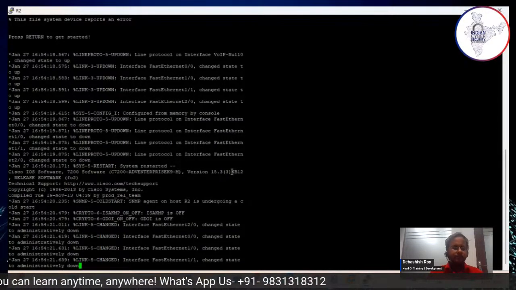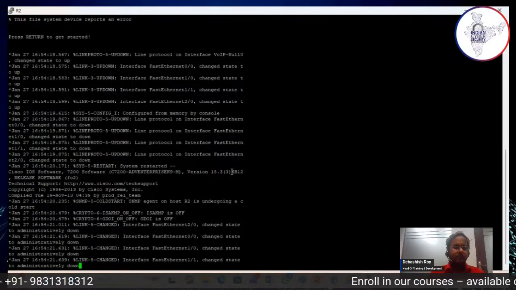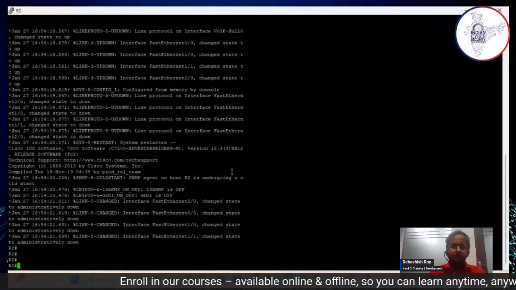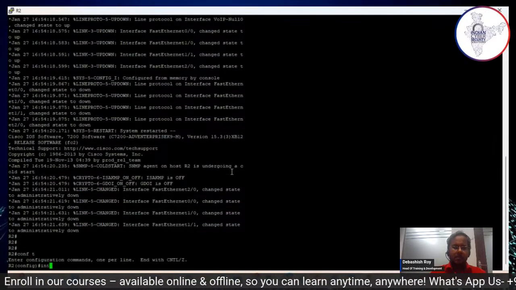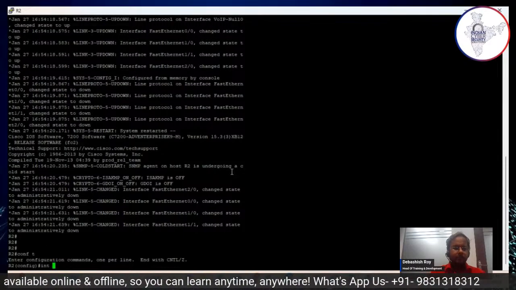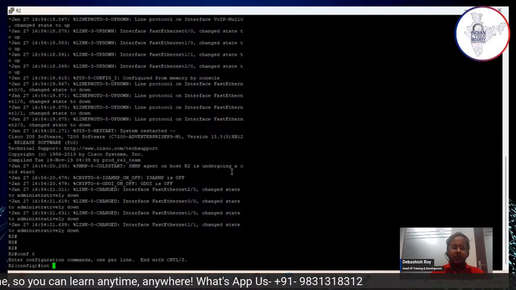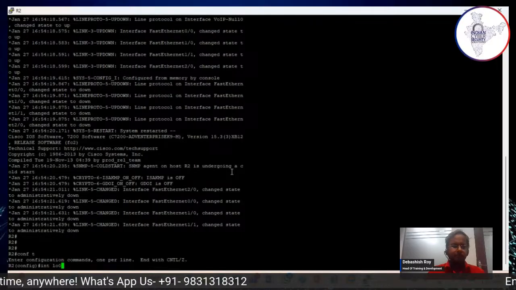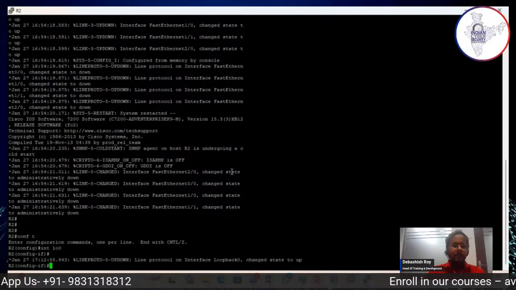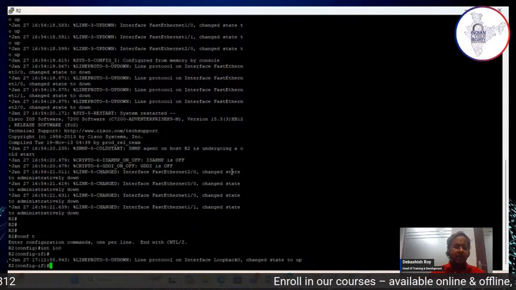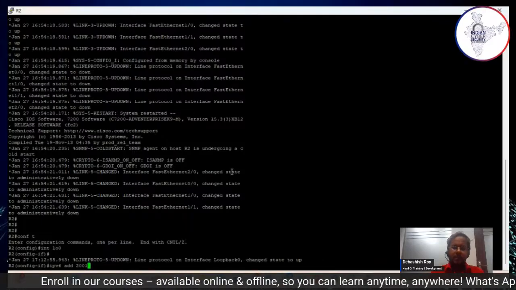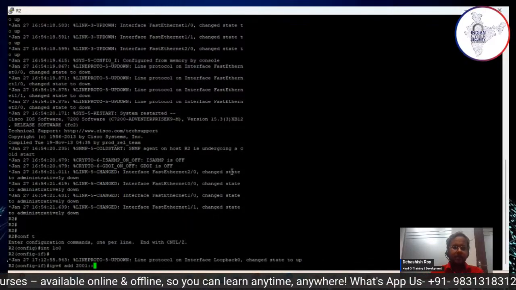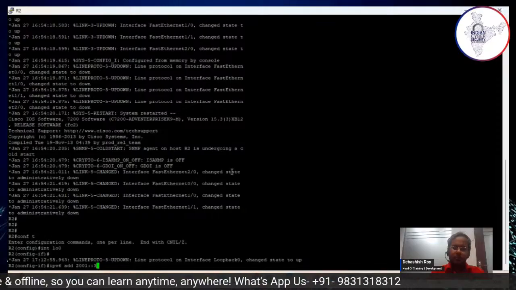In router 2, the same way we will configure the IP address. That is interface loopback 0, and we will give the IPv6 address in hexadecimal format, 2001::2, /128.